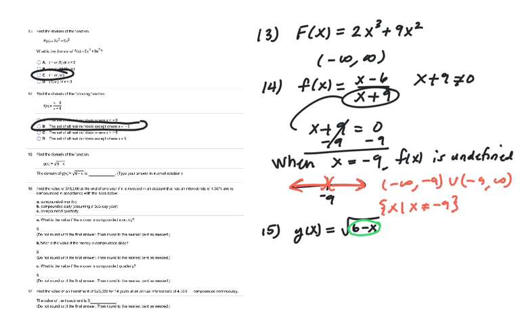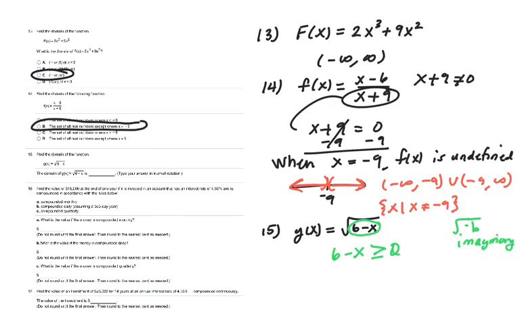Okay, so we want to exclude any negative values for this expression. And so what we do is we just take the expression 6 minus x and make sure it's a positive or 0. And so we say that that expression 6 minus x has to be greater than or equal to 0. That way we don't get the square root of a negative, and it could be square root of any negative number, giving us an imaginary number.